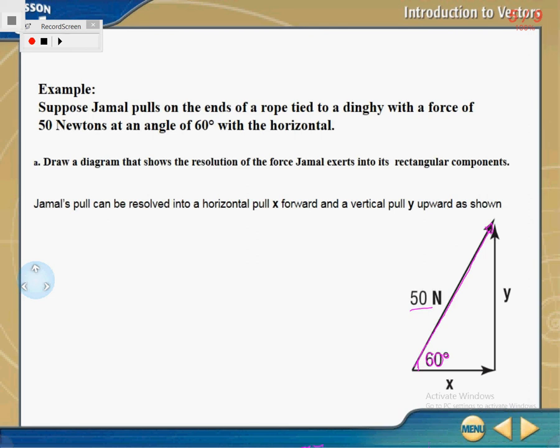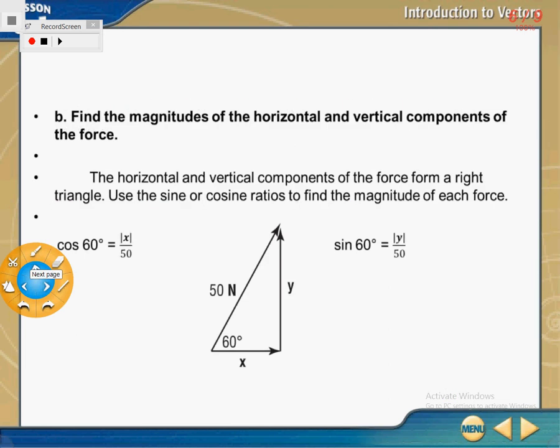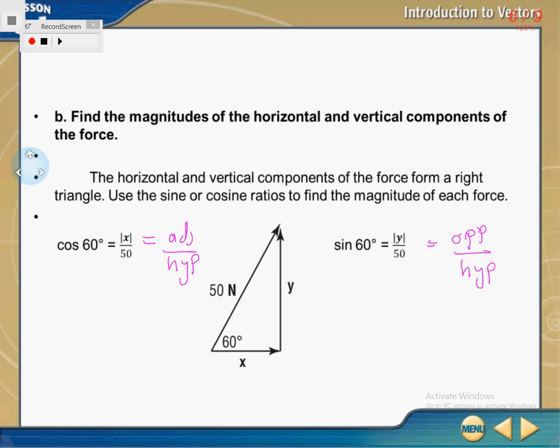He wants us to find the magnitude of x and the magnitude of y. What do I have to do? This is our second part: to find the magnitude of x and y, we use the trigonometric ratios, cosine and sine. The rule of cosine is adjacent over hypotenuse, and the rule of sine is opposite over hypotenuse.